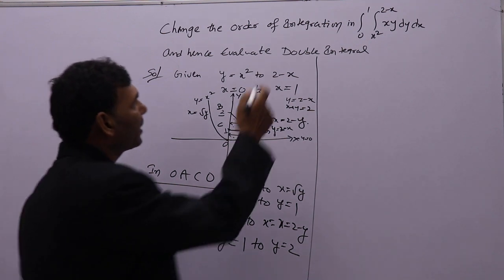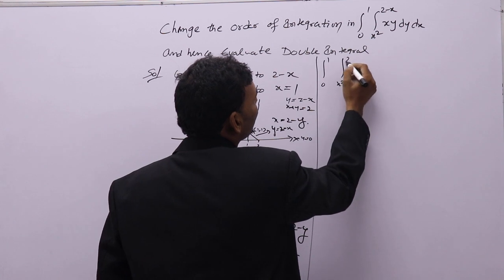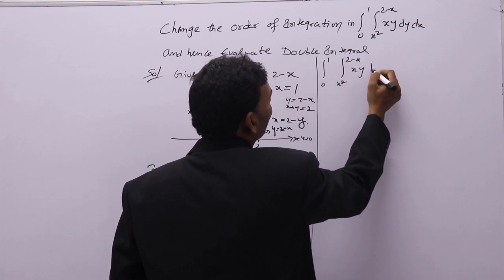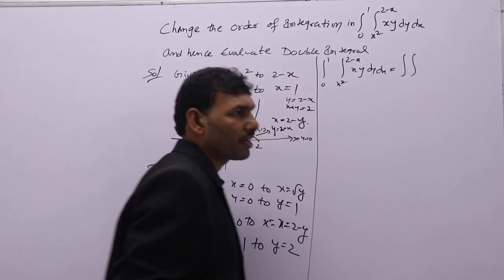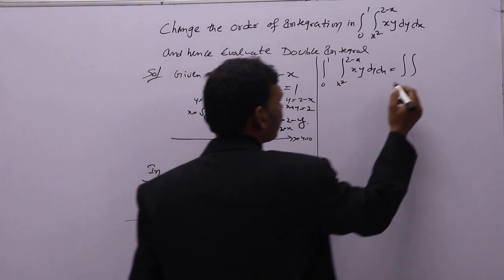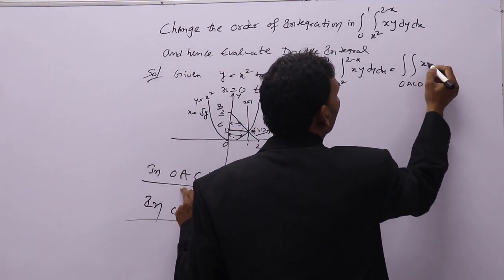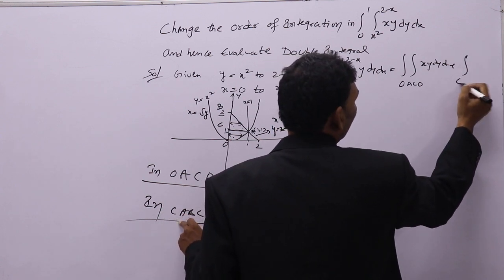Now to evaluate the given integral, 0 to 1, integral x square to 2 minus x, xy dy dx, you need to evaluate it in two regions. One is OACO plus CABC.